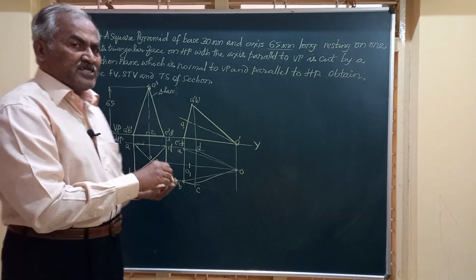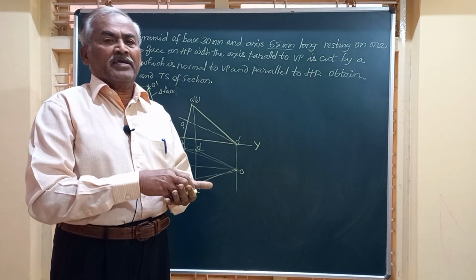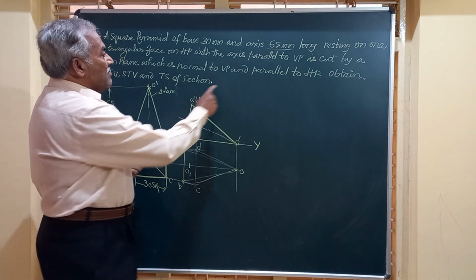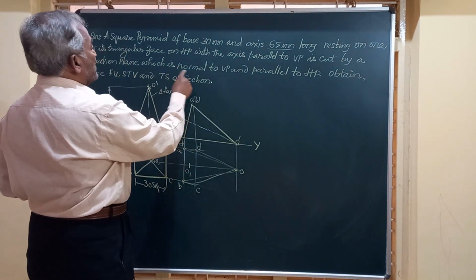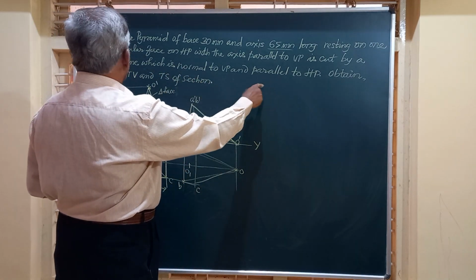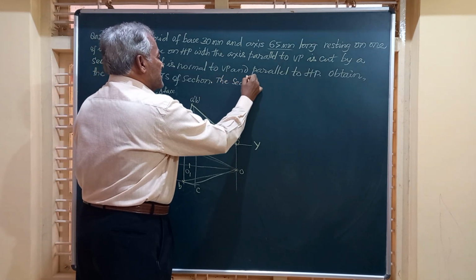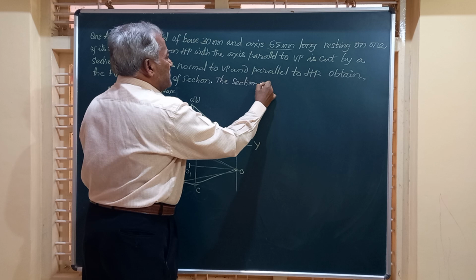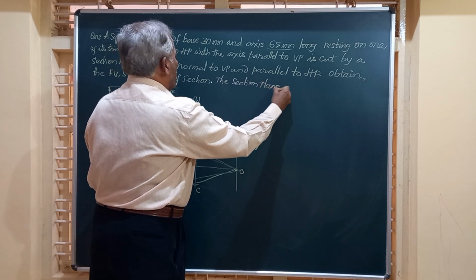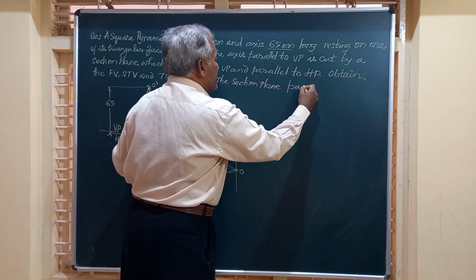Now friends, it says it is being cut by a horizontal section plane, which is normal to VP and parallel to HP. The section plane passes through the base center.